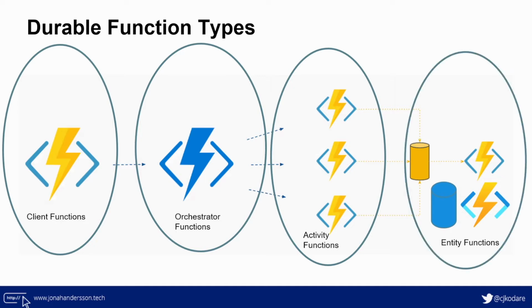And there's also entity functions, which are used commonly for .NET. There are what they call durable entities, which help in coordinating the state of a class. For example, if you're working with a database context, you can use entity functions for that as well.